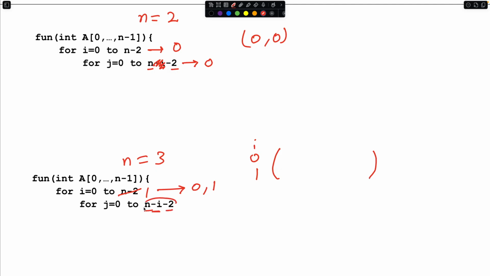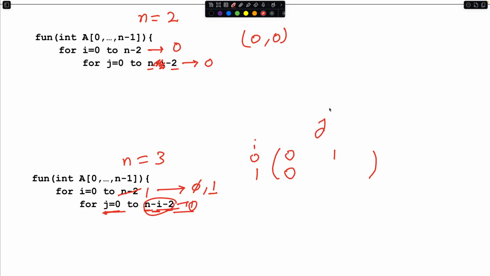I is 0, so this whole thing becomes 1. At that point, j is going to vary from 0 to 1, right? After that, when I becomes 1, at that point 3 minus 3 is going to give us 0, so j is going to vary from 0 to 0, so it is going to be 0, right?